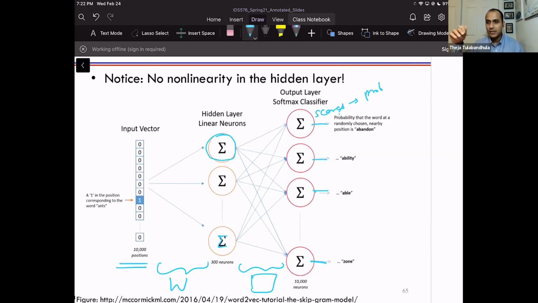It's just e to the power score divided by e to the power score for everybody, so you get a normalized number, and that's the probability. That's what is represented by this circle here, after the softmax operation. And that's it. That's the neural network.